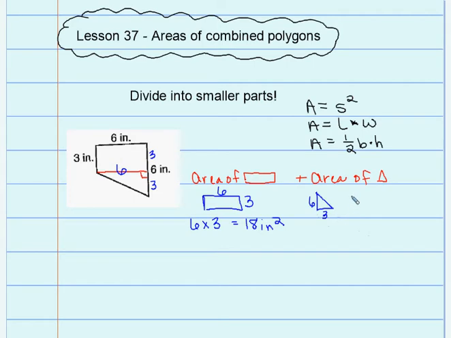I would take 1/2 times 6 times 3, and I would end up with 9 inches squared. Now, I'm not done because that was 18 inches squared here, and this is 9 inches squared here, so I need to add those two together, and I get 27 inches squared.